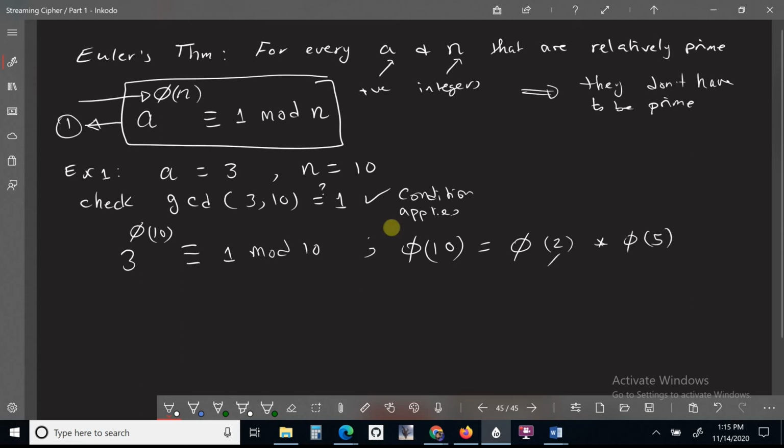Now we have two primes. 2 and 5 are primes, so phi of 10 is equal to 2 minus 1, which is 1, times 4, so there are 4 integers.